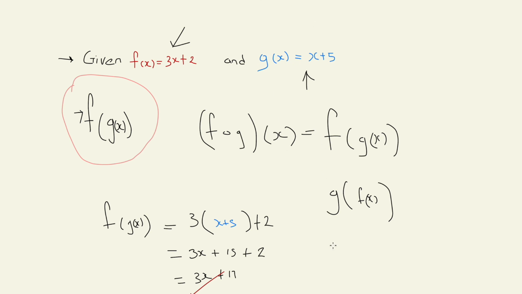As said before, everywhere you see x, you substitute for f of x. So in this case, f of x being 3x plus 2, plus 5.